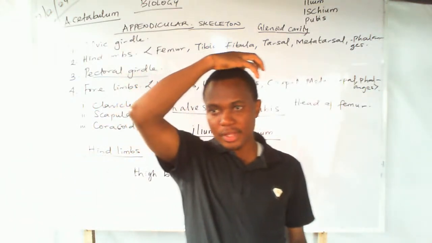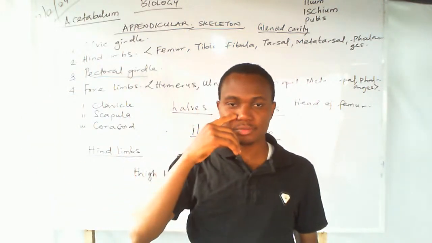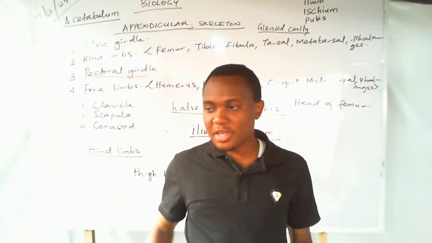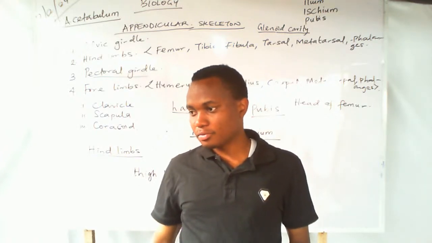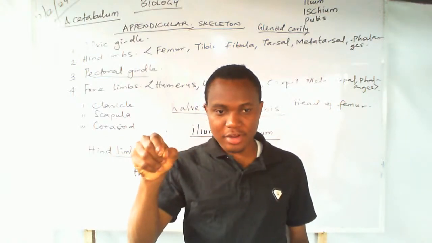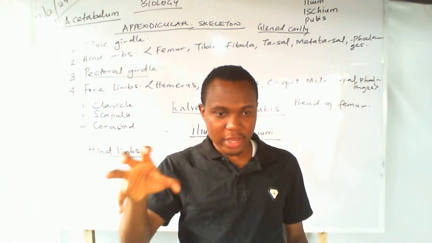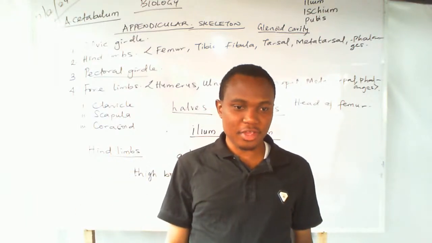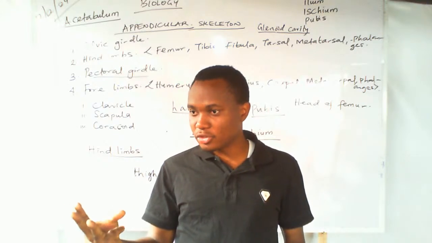Please, let's talk and let's listen. I want to ask this question so that you can pay attention. Where does the pelvic girdle articulate with the femur? What is the name of that particular point where it fuses with the pelvic girdle? I said that the pelvic girdle is made up of how many bones?